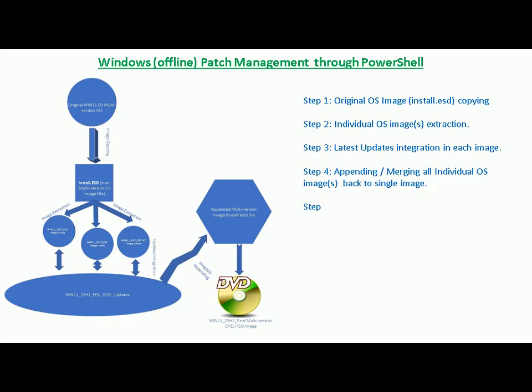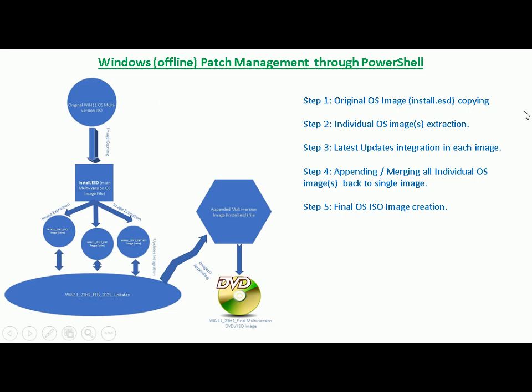And the last step will be, finally we will be creating an ISO with that particular ESD which we have created in step number 4, with all the 3 images integrated with the latest updates within a single ISO. So we can choose at the time of booting which operating system image we need to install. So I hope I am clear.